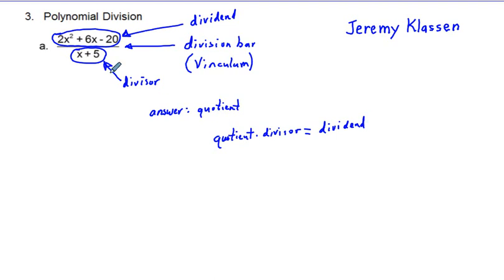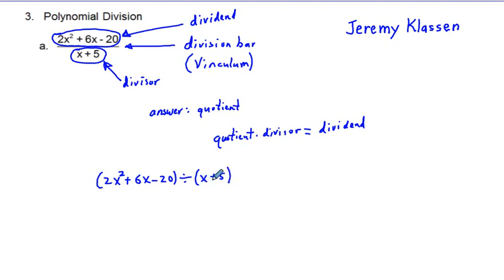Now, there are other ways of writing this particular division problem, one of which is if we take inside parentheses 2x squared plus 6x minus 20, all wrapped inside parentheses, and put a division symbol here, and then wrapped in parentheses the denominator x plus 5.